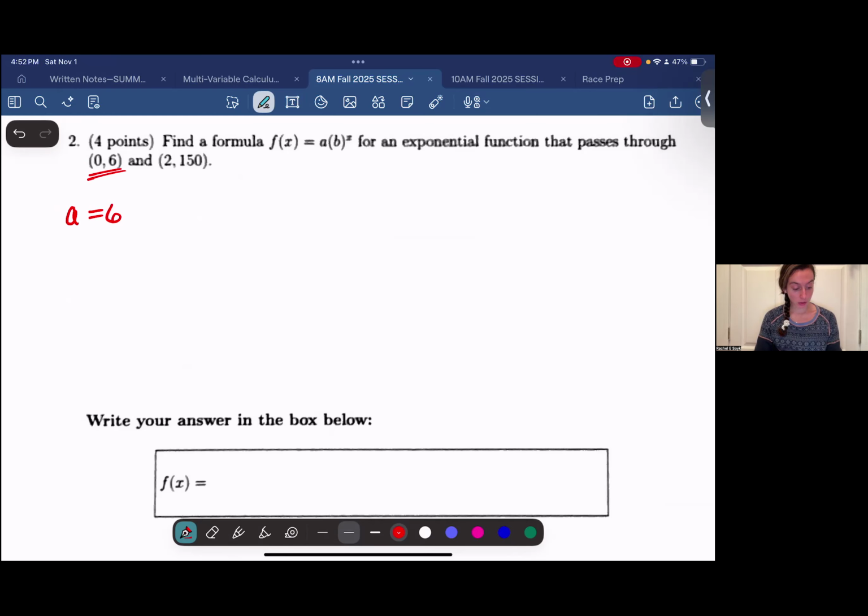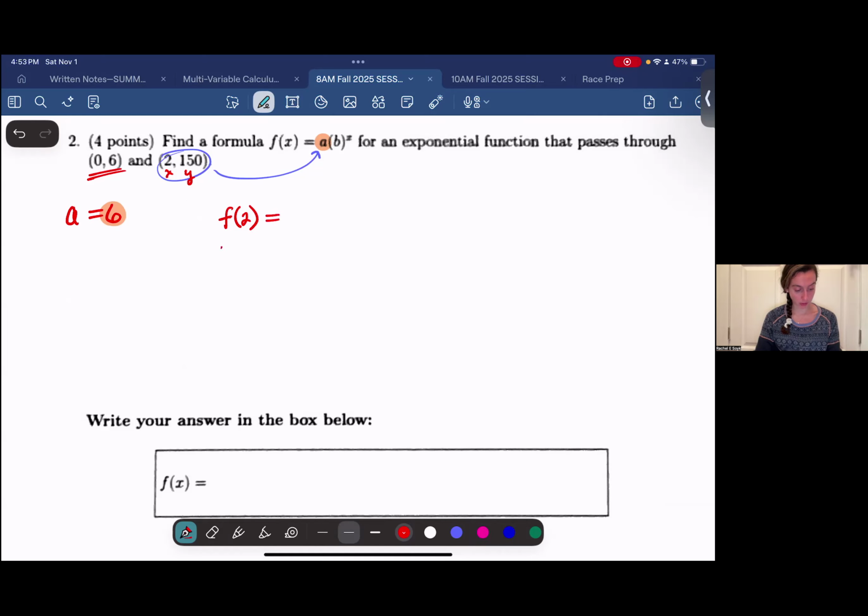And then what you can do is use that second point, plug that into our function, and then we know our a value is 6. We can plug that in order to find what our b value is. Okay, so let's do that. Now we're looking at f of our x value, which is 2. Our y value is 150.